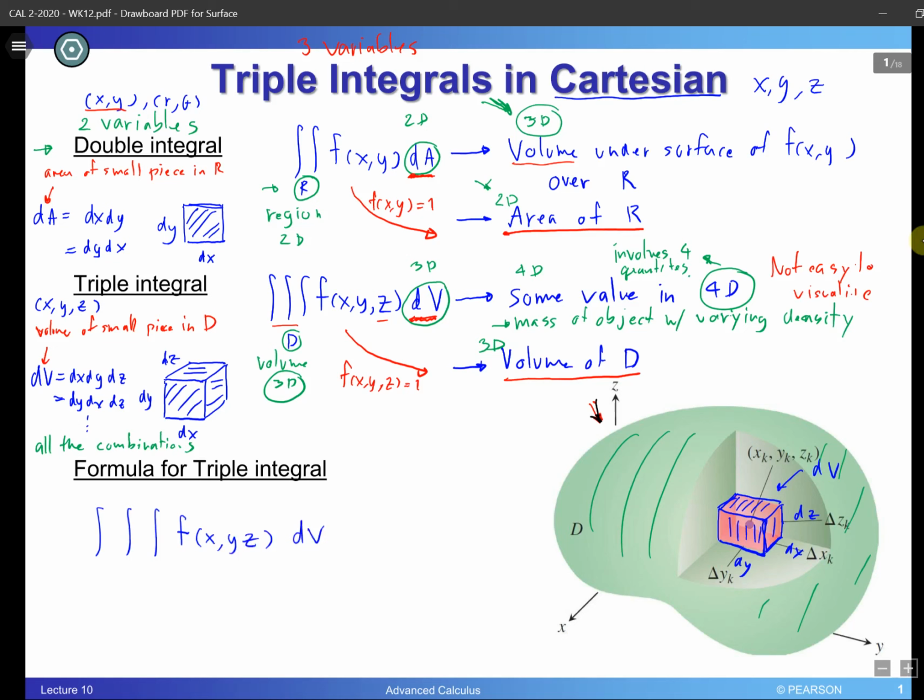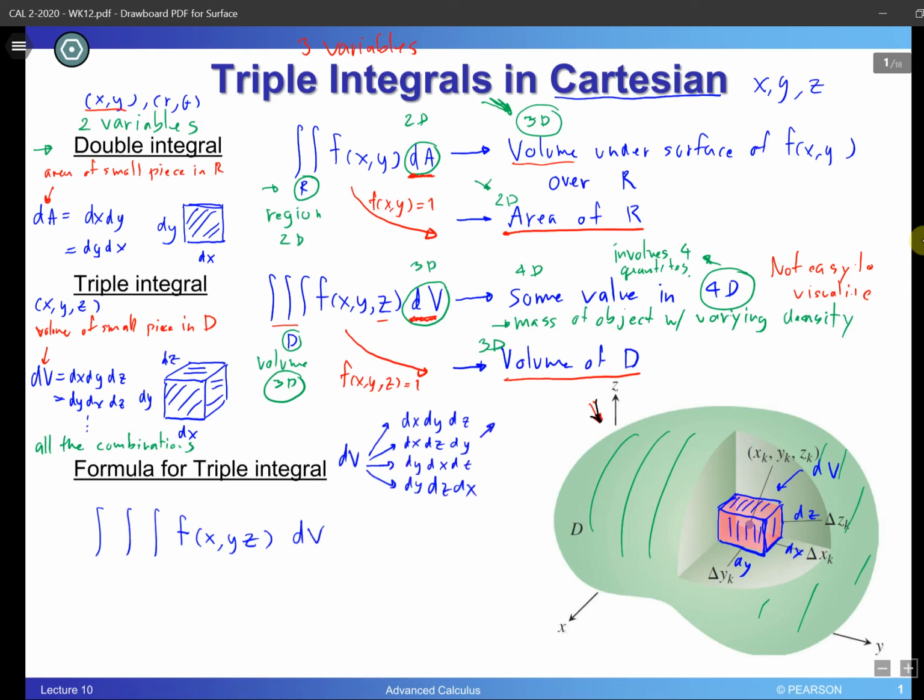So when it comes to this dV, you have all these combinations, right? dx, dy, dz, dx, dz, dy, dy, dx, dz, all 6 of them, dy, dz, dx, and more. Let me add 2 more.